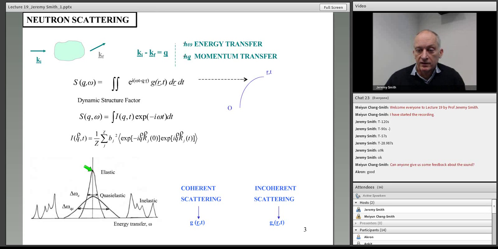Now, if there's a vibration happening, there will be a sine wave in the correlation function. You Fourier transform that and you get a peak at non-zero frequency. So this peak is due to some vibration happening.